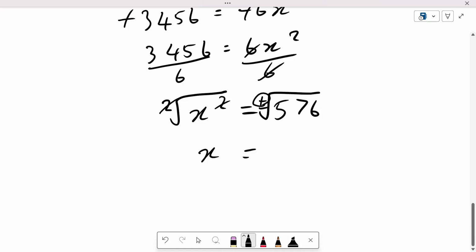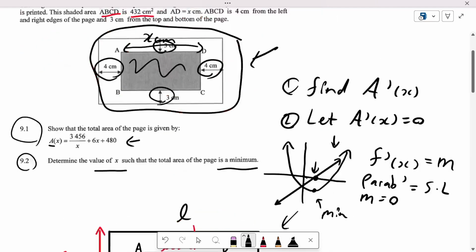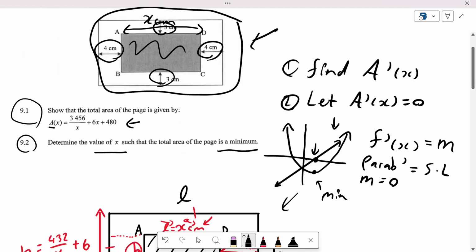And then the square root of 576 is going to be equal to 24 centimeters. And that is how we determine the value of x for which the area of the page is a minimum.